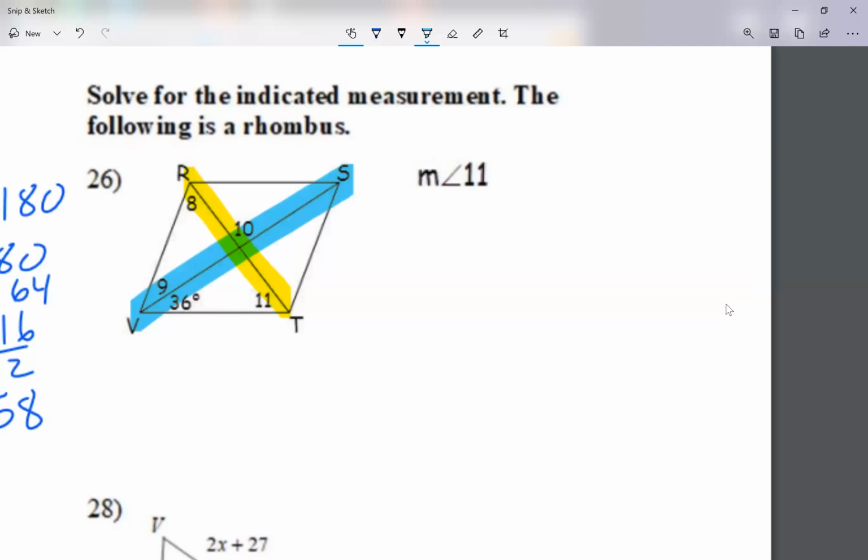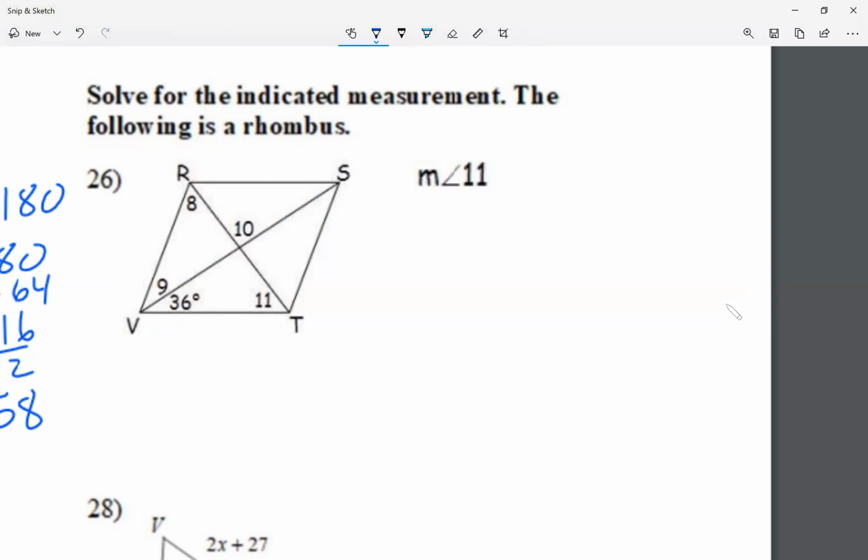They do cut each other in half, but another cool thing that happens with the diagonals in a rhombus, not a rectangle, but in a rhombus, is that they meet at a 90-degree corner. So any corner inside or here in the center is 90 degrees. So in a rhombus, my diagonals meet at a 90-degree corner, not necessarily on a rectangle.